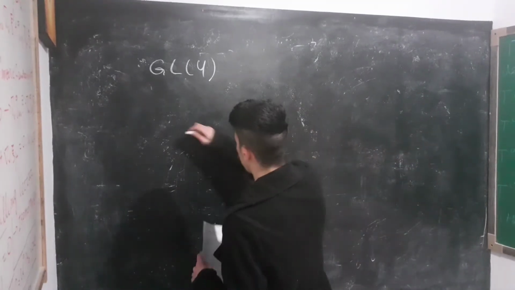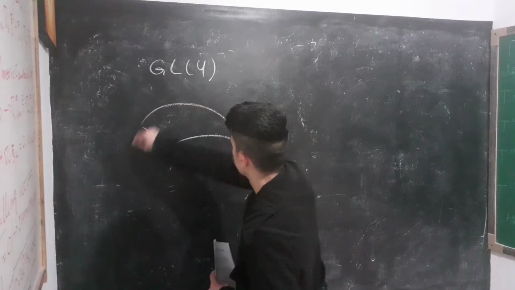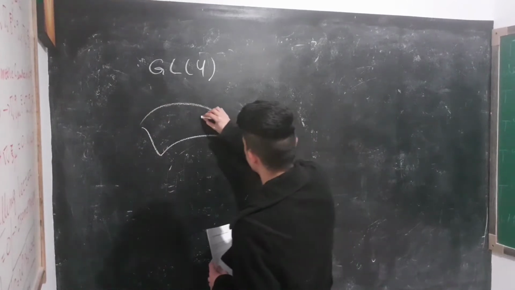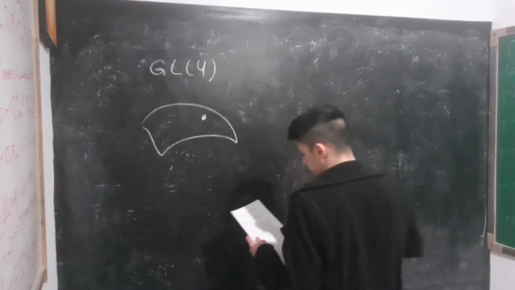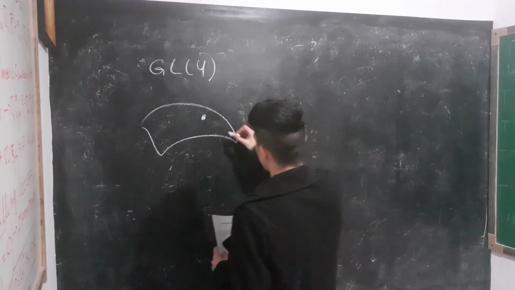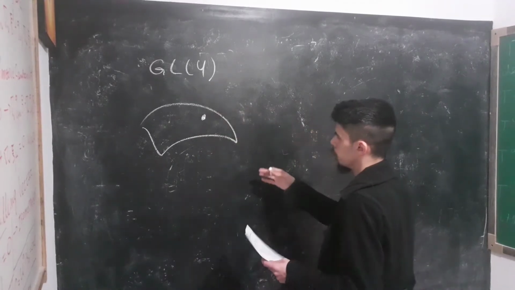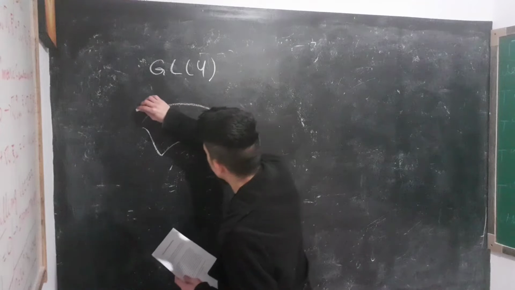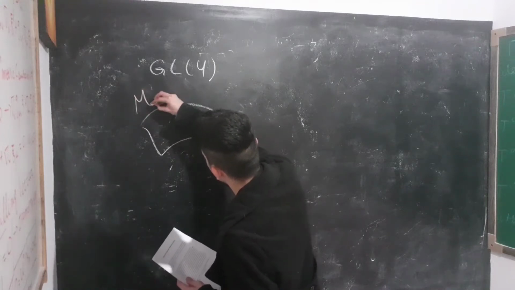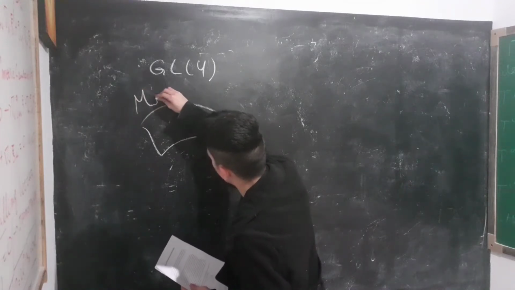If we consider only one single point, let's say here, on a curved manifold, that can be a Riemann manifold, I don't know, but just a manifold.